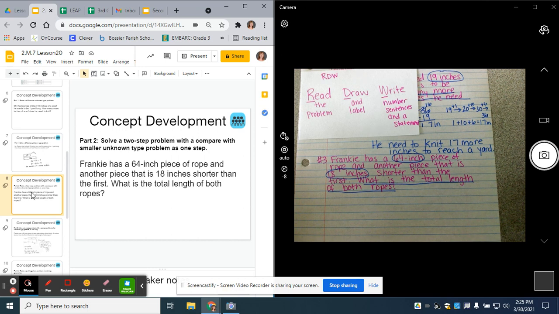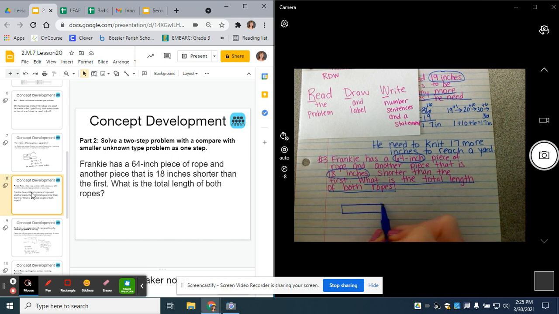I'm going to read it one more time. Frankie has a 64-inch piece of rope and another piece that is 18 inches shorter than the first. What is the total length of both ropes? I'm going to use a tape diagram to draw what I already know. I know he has a 64-inch piece of rope and another piece that is 18 inches shorter.